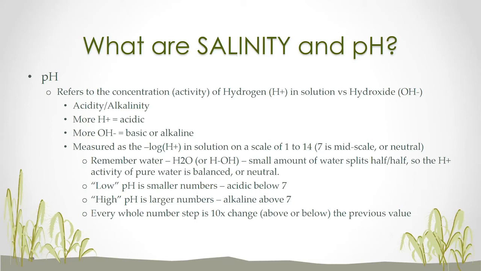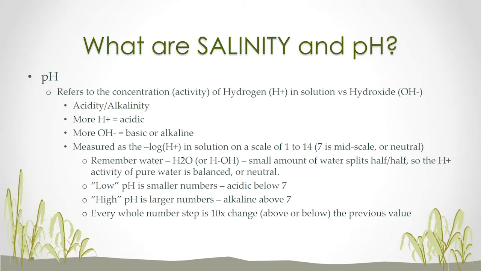You've heard of the terms acidity and alkalinity, and these refer to the activities of hydrogen in our soil systems. The more free hydrogen that we have in the system, the more acidic the system is. And the less hydrogen, more hydroxide that we have in the system, the more basic or alkaline the condition will be, or the soil will be.